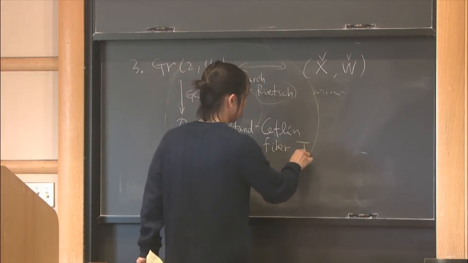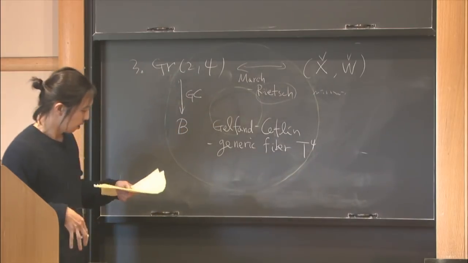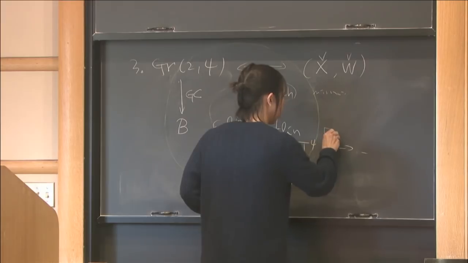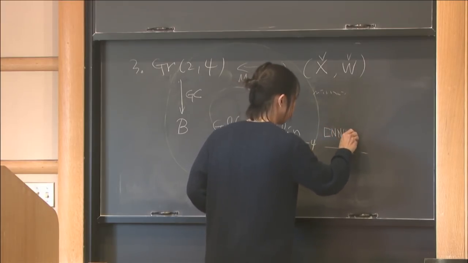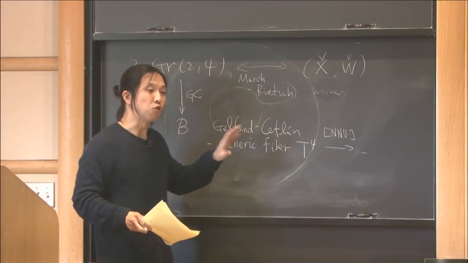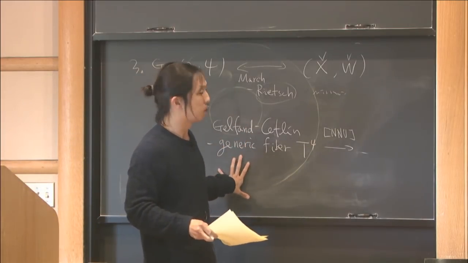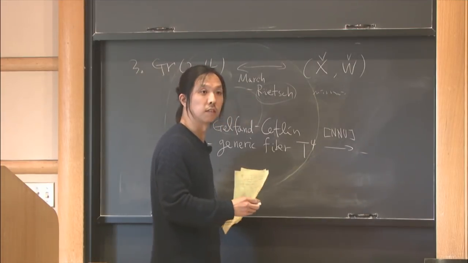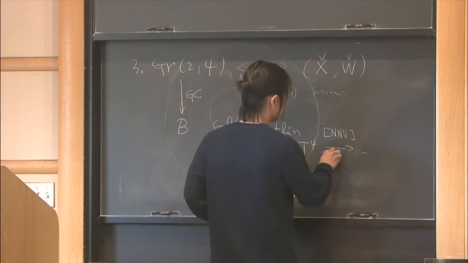And then those people, Nishinou, Nohara, and Ueda, used a toric degeneration technique to compute the mirror potential for this T4. So this is toric degeneration.